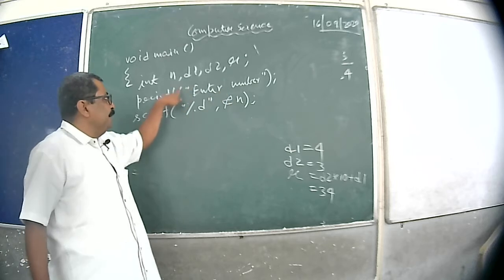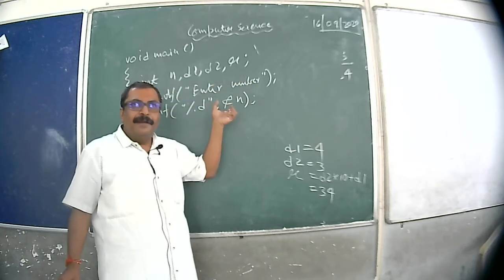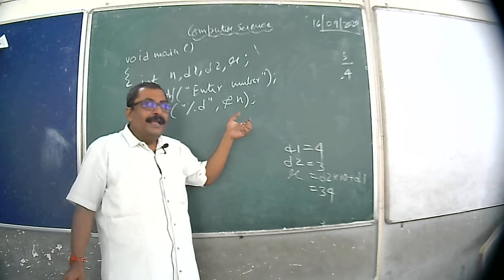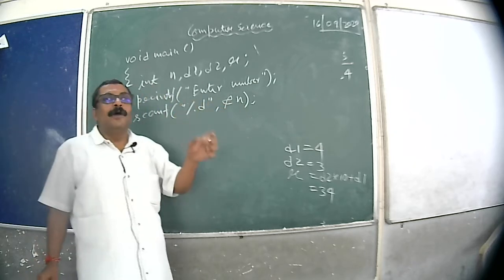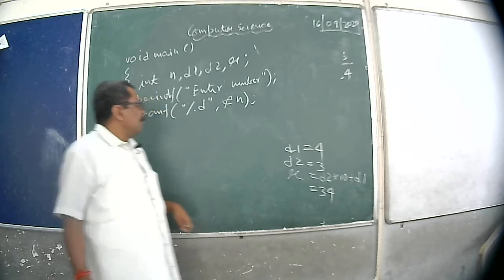The message should be enclosed within double quotes, and whatever message you write will be displayed on the monitor when the program runs.